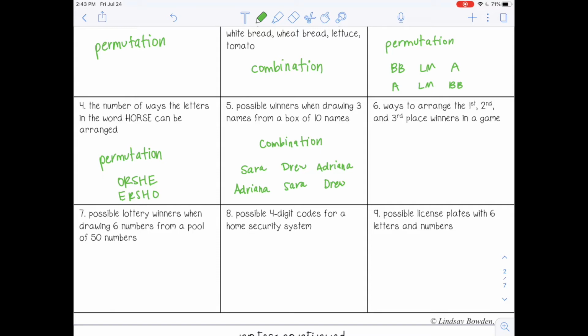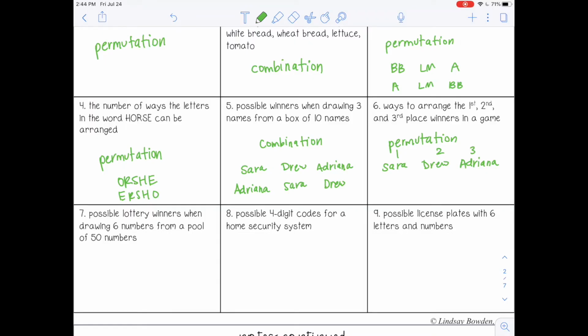Okay, pause the video now and try 6 through 9 by yourself. All right, 6, you should have gotten permutation. The order does matter because if I have, let's go back to the same people, Sarah, Drew, and Adriana, first, second, and third place.